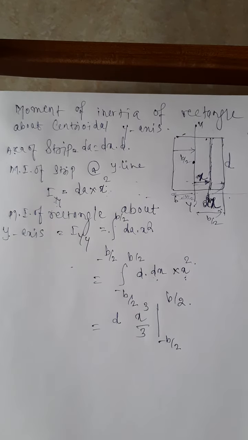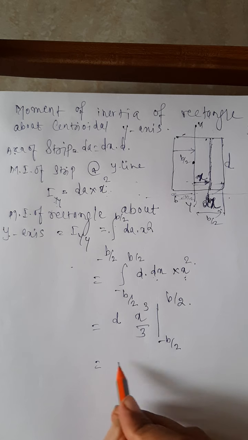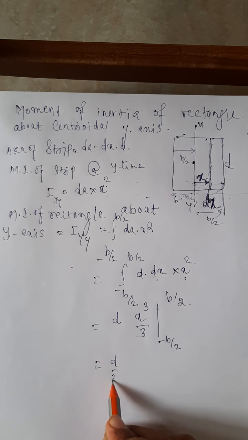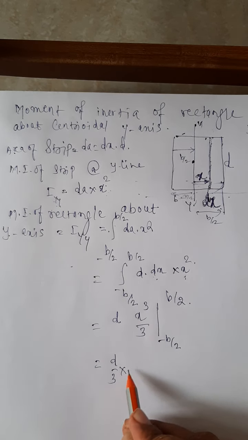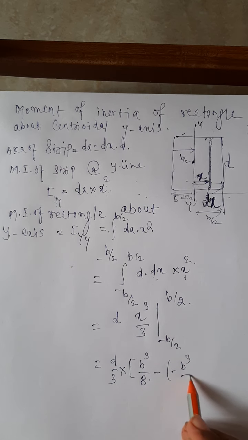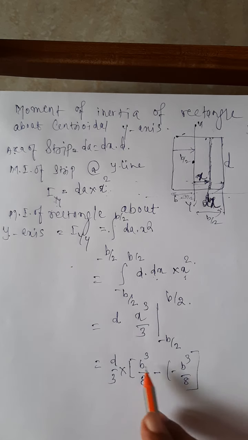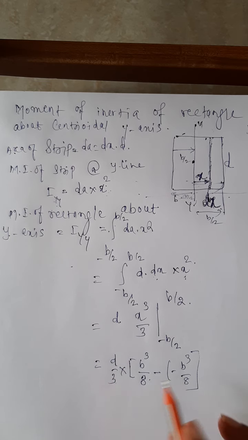Substituting the limits, d by 3 into upper limit b cube divided by 8, minus lower limit minus b cube divided by 8. Just check it. Therefore, you are going to get b cube divided by 4 into d by 3.